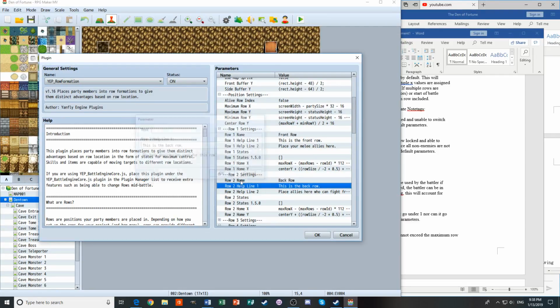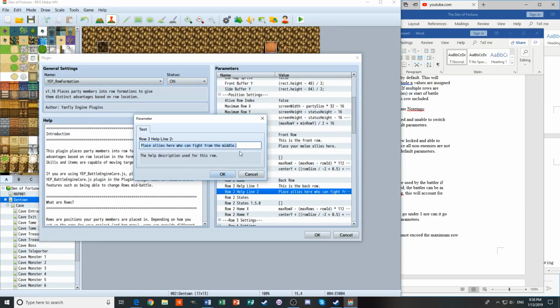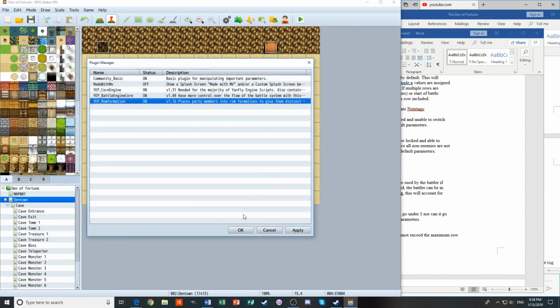You can be more creative later. Place allies here who want to keep their distance from the enemy. Is that too long? Oh, you can check it out.